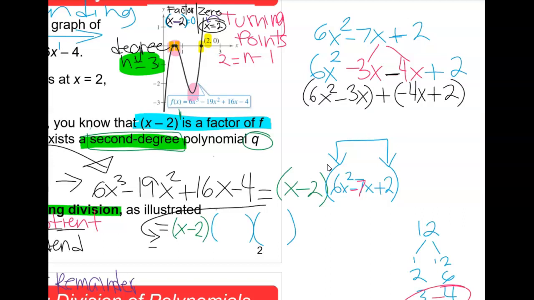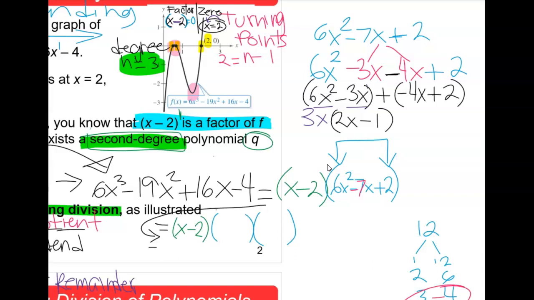Okay, so then I'm going to see what I can factor from these 2 terms. What do they have in common? Well, they can both be divided by 3, but also they have an x to the first power in common. So that's going to be what I factor out. And if I factor out 3x from 6x squared, I get 2x. If I factor 3x from negative 3x, I get negative 1.